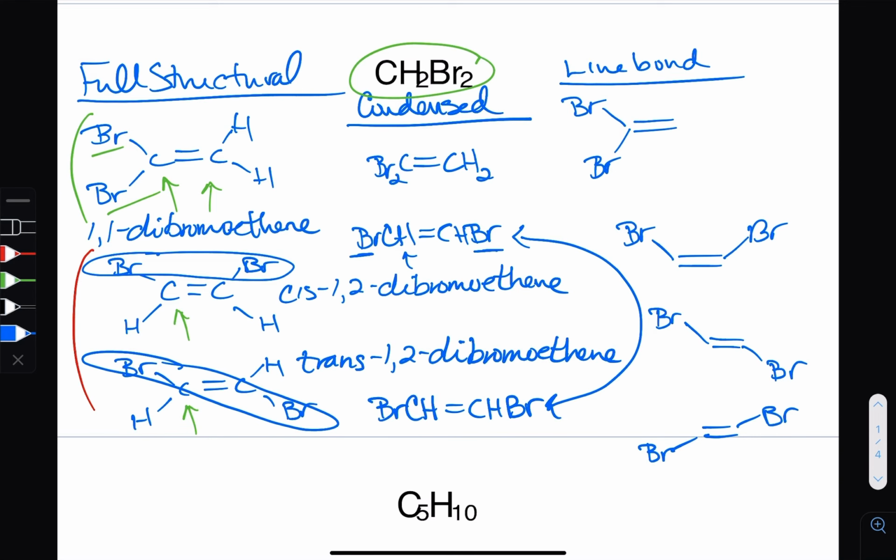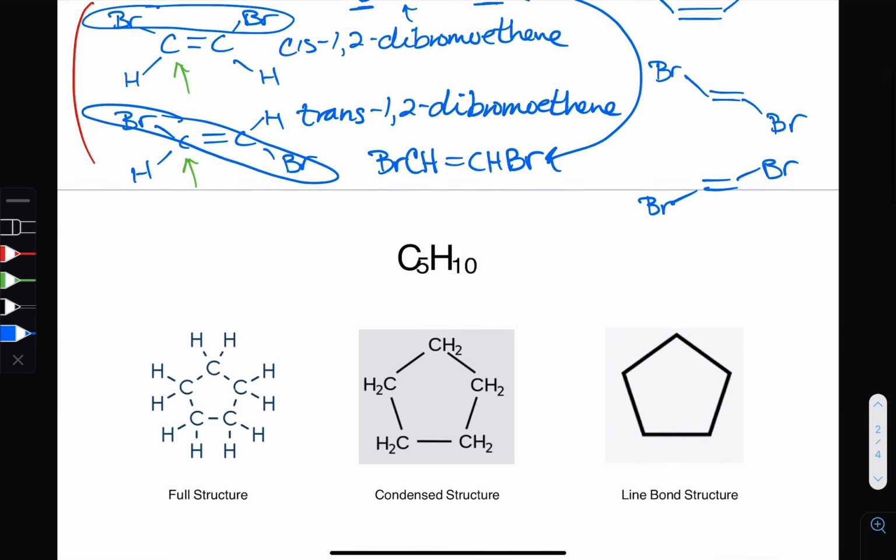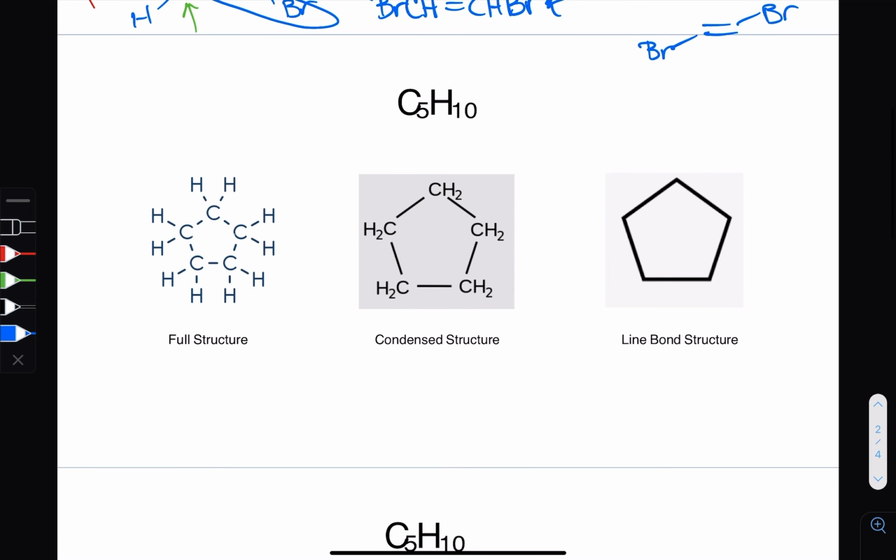Okay, so let's go on to C5H10, and I'm going to show you one isomer of C5H10 on this slide, and that is cyclopentane.